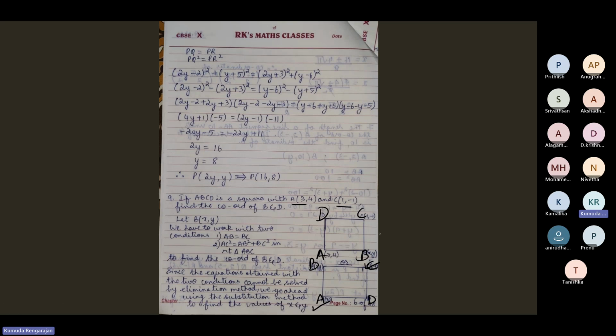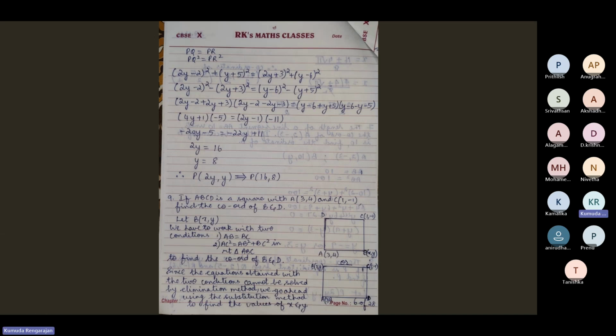One will be for B, the other is for D. It's enough if you find for one of them. So if you try to find the coordinates of D, you will get two sets of coordinates for D. So if this is D, then this is B, or if this is D, this is B.